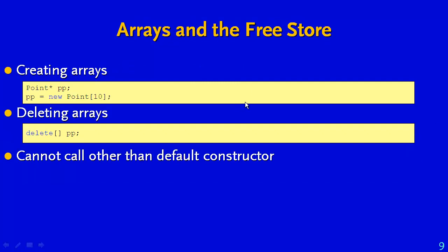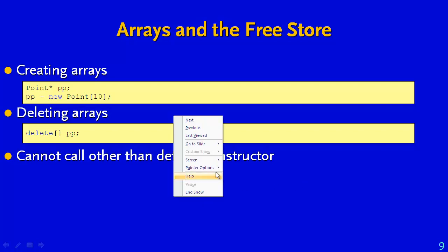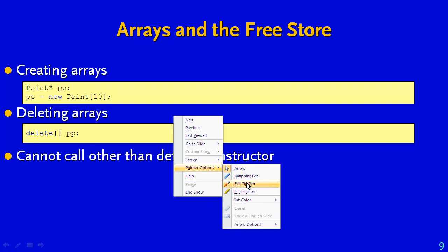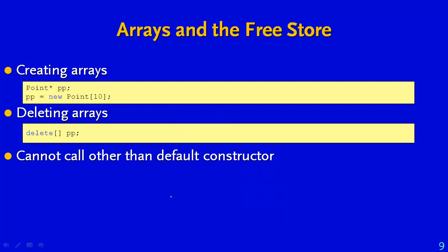Now I want to create arrays. So basically, let me draw my heap again. Again, I've got my pointer pp on the stack. So it's just a pointer type. But on my heap, I think the heap is a bit more organized than what I've drawn in general.